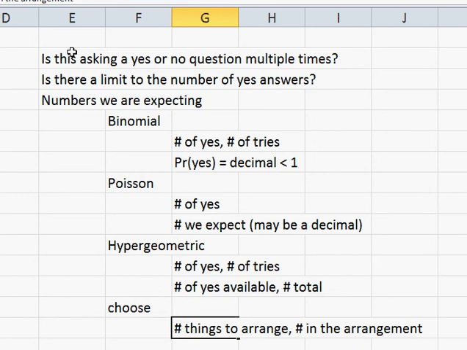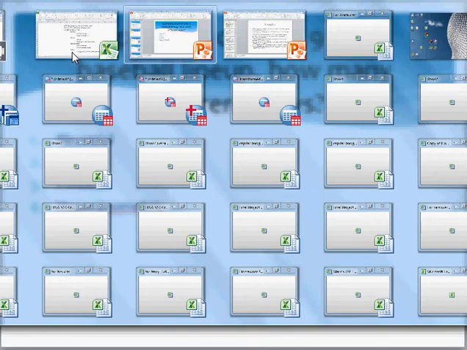So if I've got 27 players on a baseball team, if I allow everybody to play whatever position they want, you'd have 27 players to arrange and 9 players to choose out of that list. Okay, so those are some of the shortcuts that'll help us figure out what we want to do in terms of model choice to answer questions. So let's go take a look at some of these.